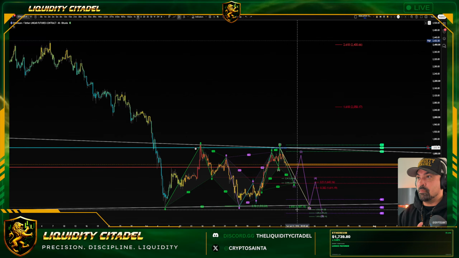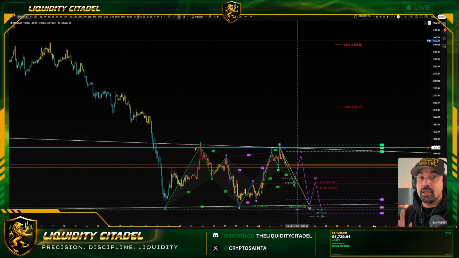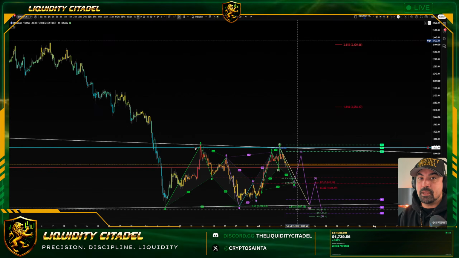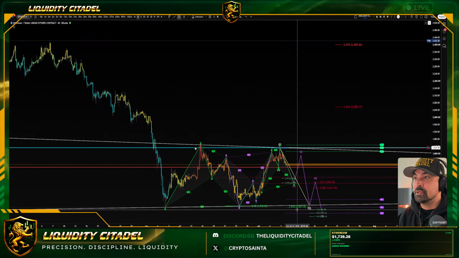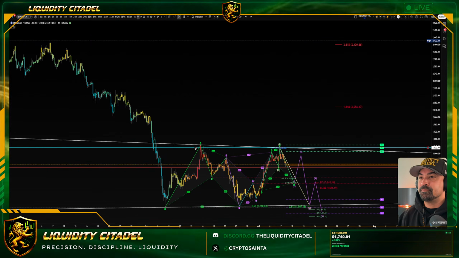We went from sub 1,000, pumped all the way up to 2,000, and then came right back down to those lower 1,000 handles. So we could come back to these levels before we can actually activate a wave 3 altogether.